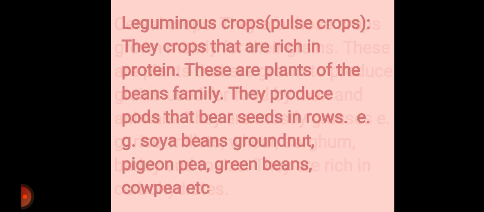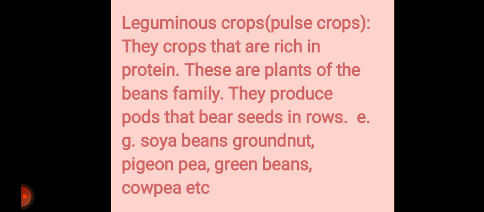Let's go to number two, leguminous crops or pulse crops. We're taught in class that leguminous crops are rich in proteins. They are plants of the beans family. They are plants that produce pods like the beans. You have to open it up to see the seed inside of it.